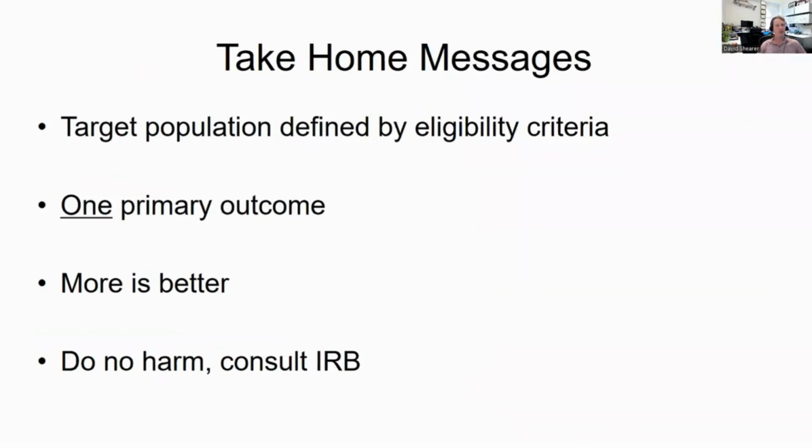So, some take-home messages. Remember that your target population is defined by your eligibility criteria, the inclusion and exclusion criteria. You can only really choose one primary outcome, but you can choose secondary outcomes across a spectrum from the root cause of disease all the way up to quality of life.